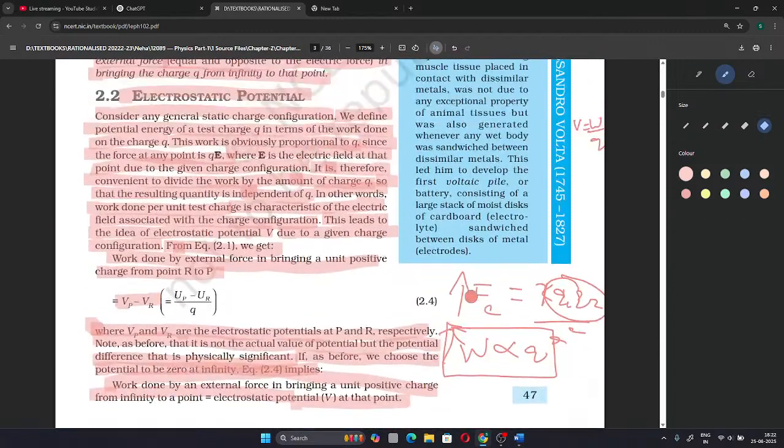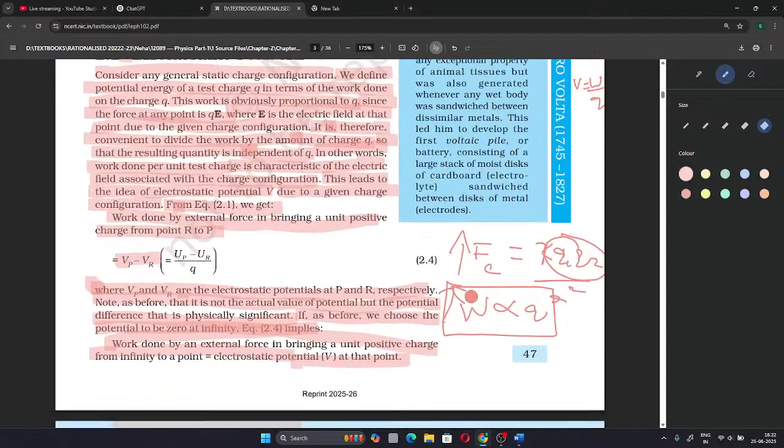Let's read the paragraph on the electrostatic potential topic again. Consider any general static charge configuration. We define potential energy of a test charge, and as I said before, what we are defining here is not potential energy but potential V. We define potential energy of a test charge Q in terms of work done on the charge Q. This work done is obviously proportional to Q, since the force at any point is QE, where E is the electric field at the point due to the given charge configuration.